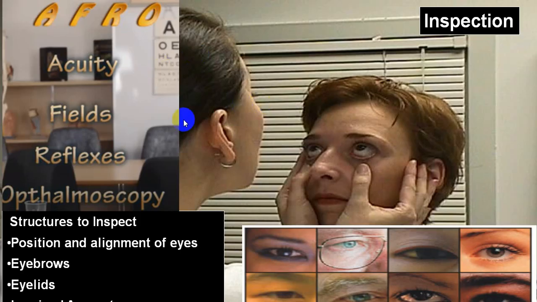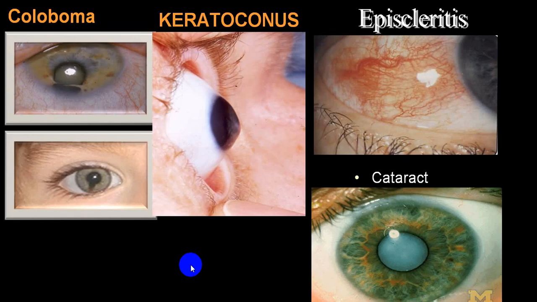So inspection is a must, and then we go for acuity, field of vision, reflexes, fundoscopy, or we call ophthalmoscopy. So prior to doing this, structures to be inspected are eyebrow, eyelids, lacrimal apparatus, all those whatever we have mentioned.